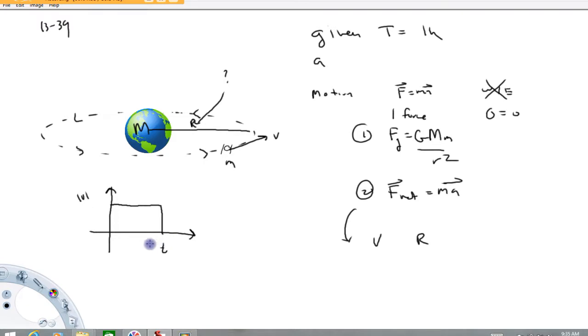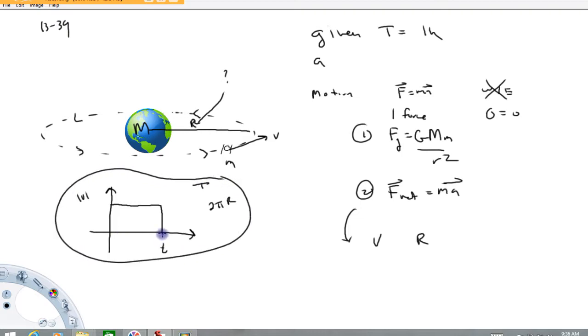Now, if for t we use the orbital period, which is given in the problem, 1 hour or 3,600 seconds, then the distance traveled would be exactly one revolution. So the distance would be 2 pi r. You just have to figure out how to use this graph to put this together, and remember that the distance traveled is the area under that curve. So you'll get a second equation out of this that you can combine with the first and solve for the radius.